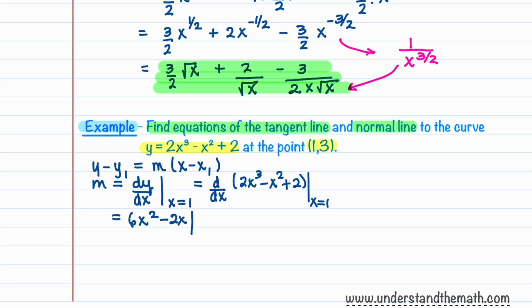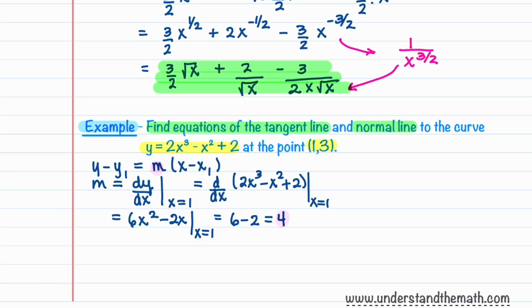And we are going to evaluate this at x is equal to 1. So this becomes 6 minus 2, which is 4. So our slope is equal to 4, and we can plug that into our equation.